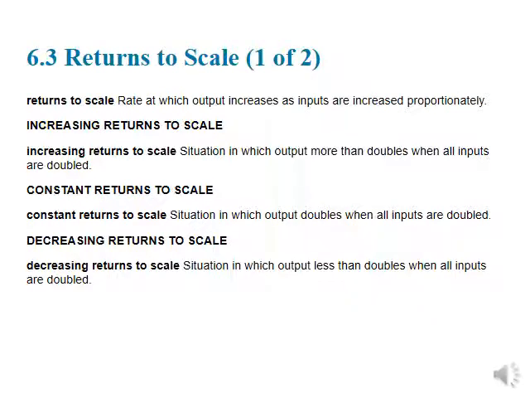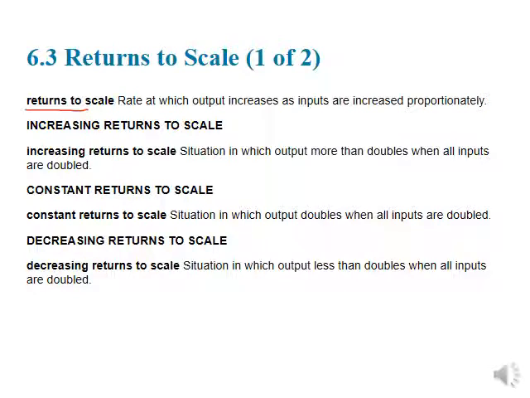As we jump from isoquant to isoquant, we can describe the rate at which output increases in response to proportionate input increases. And we can describe this qualitatively. You might remember this from your 101 class as returns to scale.